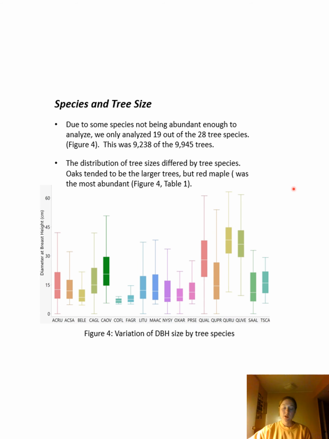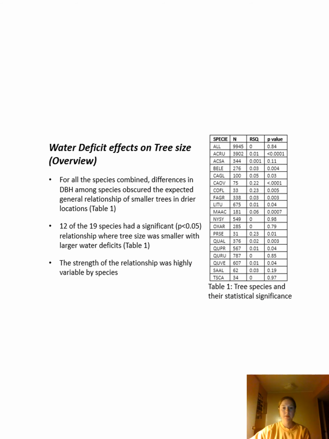When we were beginning to compare tree size and species, we were looking at them all as a whole, and we only included 19 out of the 28 of them due to some of the sample sizes just not being large enough for us to be comfortable making any conclusions about. So this is the 19 out of the 28 that we did conclude with sample sizes that were large enough.